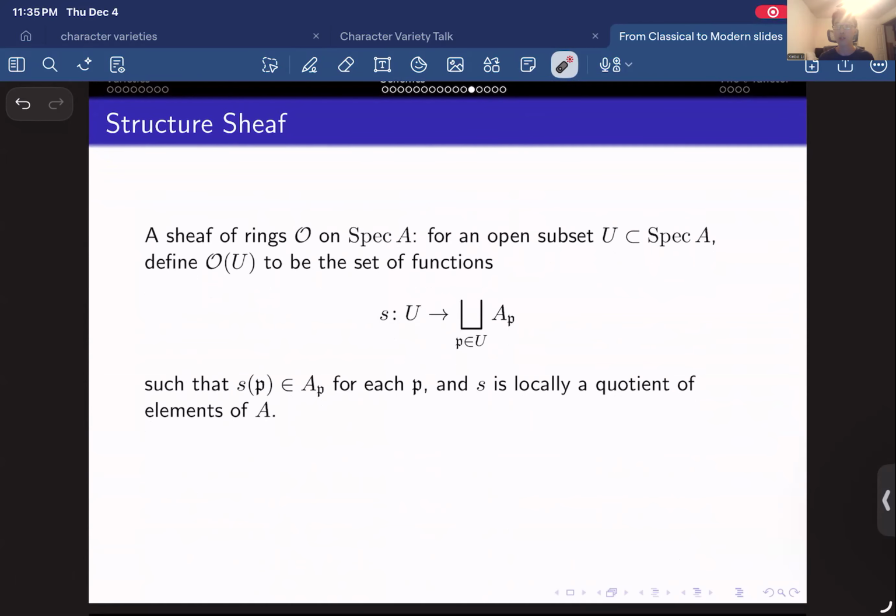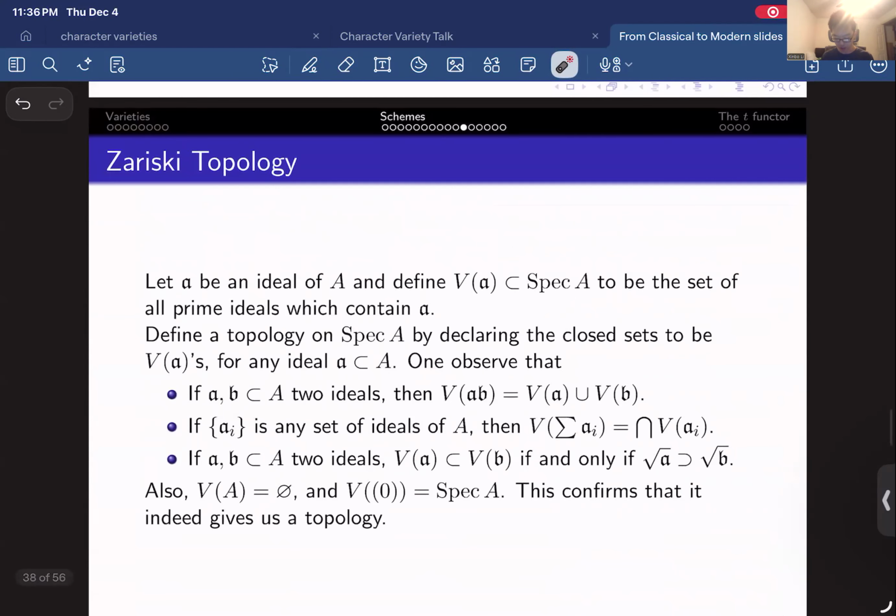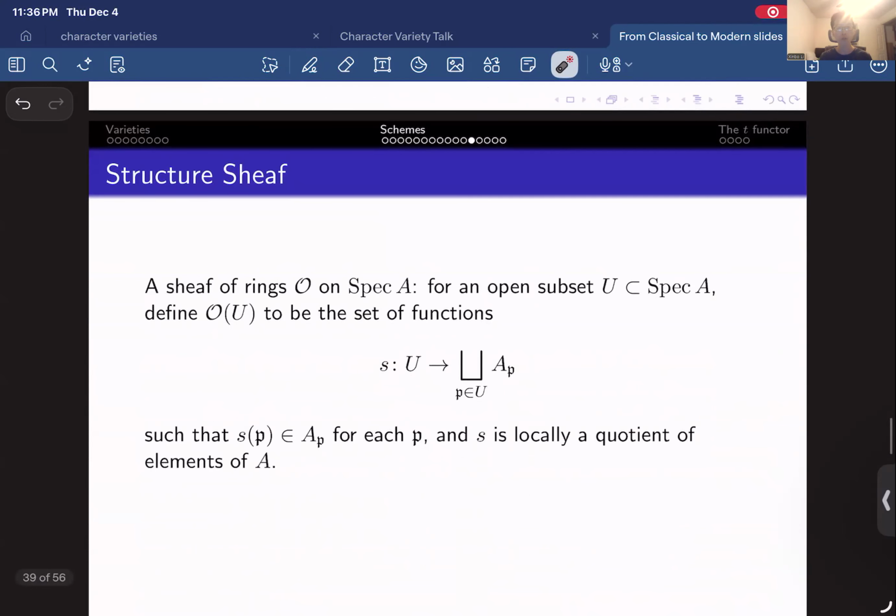So what I do is I define the sheaf to be, for an open subset U inside Spec of A, using the Zariski topology I defined over here, define O of U to be the set of functions s from U to the disjoint union of P. Remember, each prime ideal is a point in this topological space.